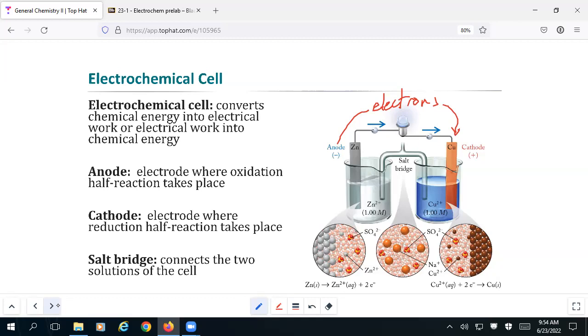Now, the problem that we run into with electrochemistry is that it can very quickly happen that these cells become polarized.